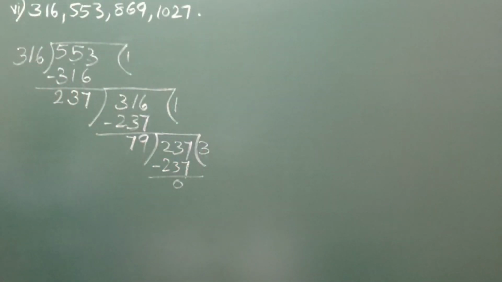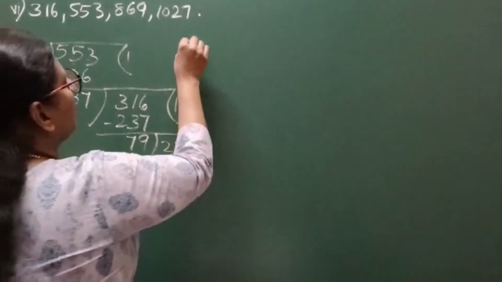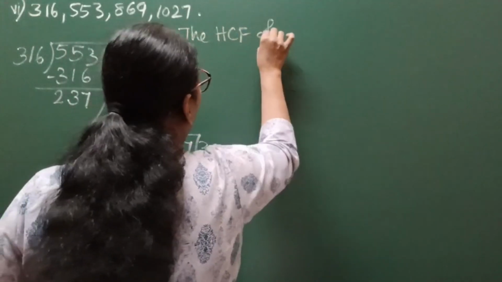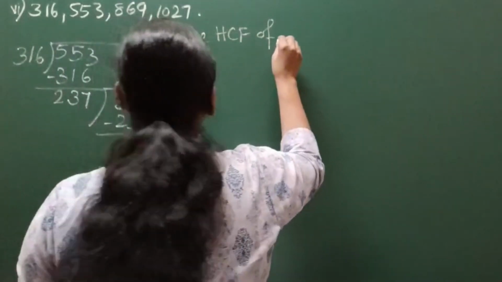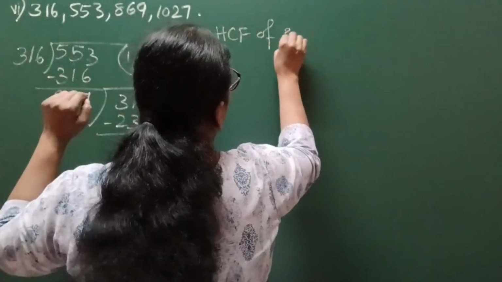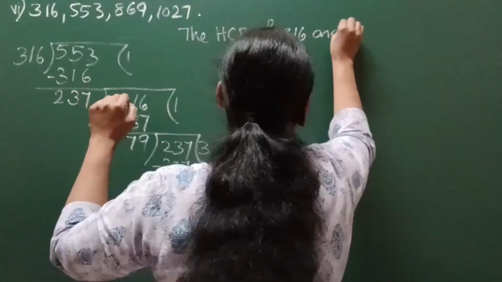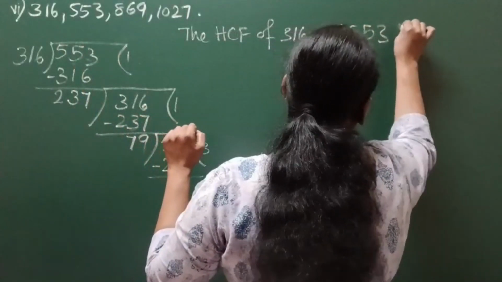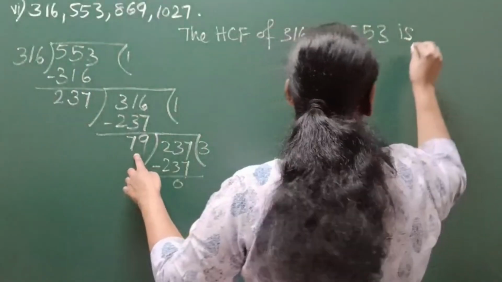Remainder is 0. The HCF of 316 and 553 is 79.